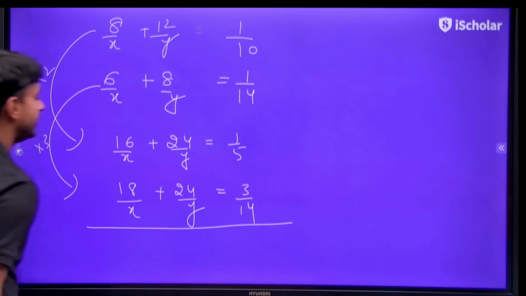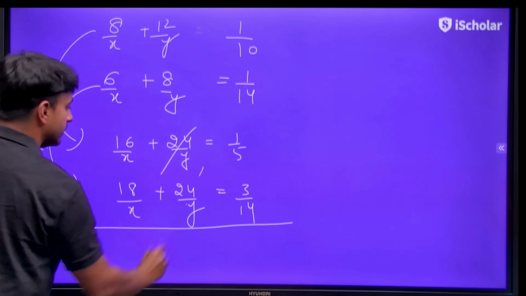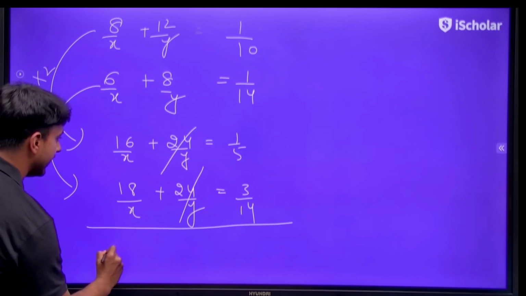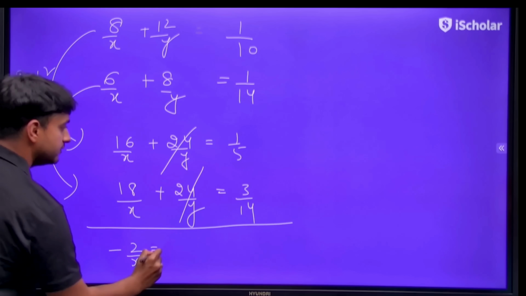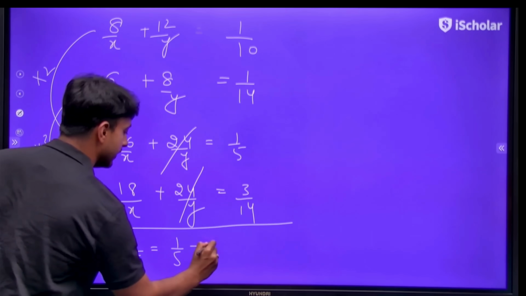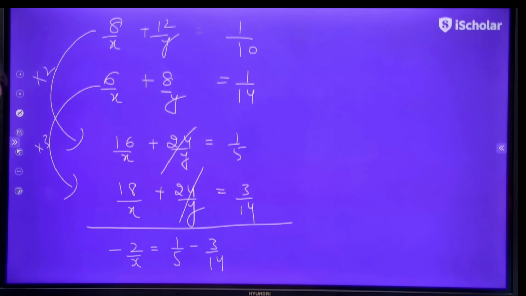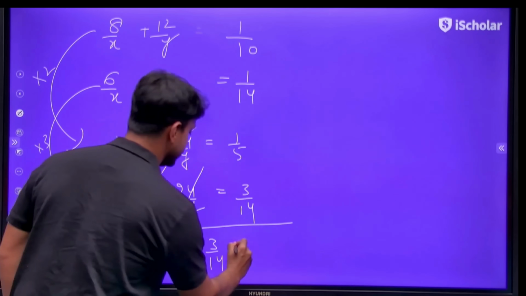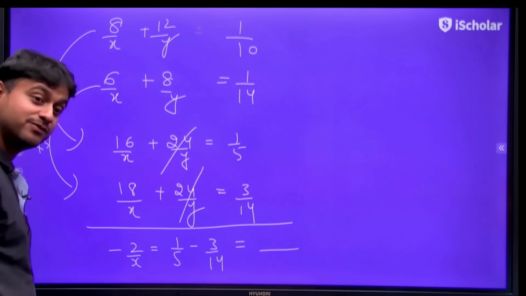I'll subtract both the equations. So this 24 would get cancelled. We'll get minus 2 by x is equal to 1 by 5 minus 3 by 14. Correct?